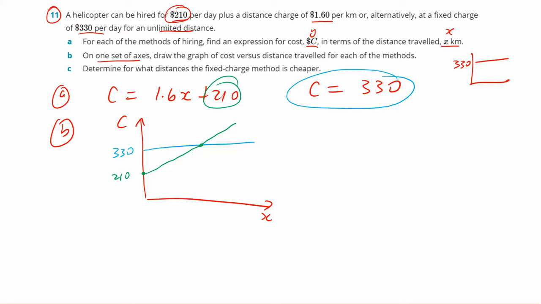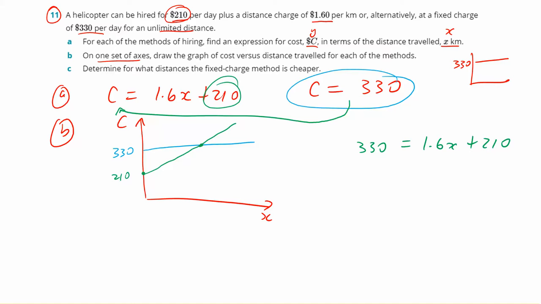So how do I find the point of intersection? I can use substitution because C equals 1.6x plus 210. I can sub this value in for C. So 330 equals 1.6x plus 210.